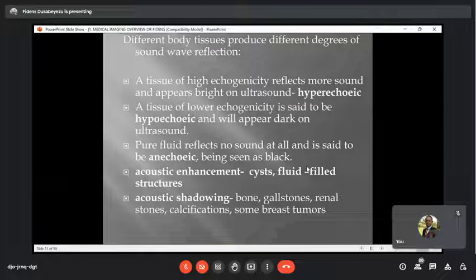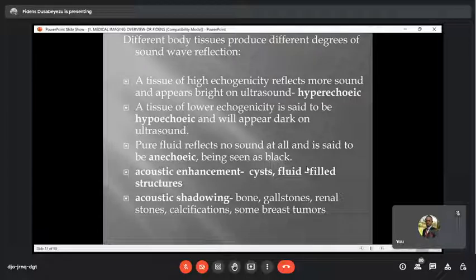Now, when you are examining another structure that will block or reflect the sound waves, behind that the sound waves will come back to me, and on my screen it will be white.